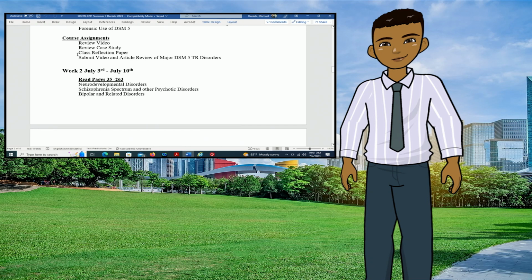The next assignment is the class reflection paper. The class reflection is your experience of being in the classroom. At the end of class, you will be required to write a reflection paper about your experience of being in the class for that day. Therefore, attendance for this class is very important. And then you will upload your reflection to the Canvas page.